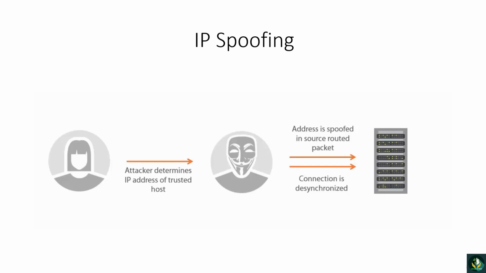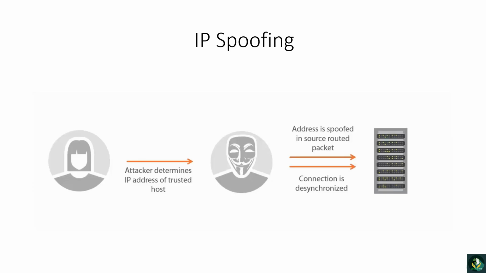Obviously this is dependent on the environment allowing source routing, as opposed to delegating the routing to the actual owner. Because of that, the attacker is able to fool the server into believing that it's communicating with the victim. Effectively they spoof the address and send the packet to the target machine. Once they do that, they can desynchronize the connection with the victim and resume it themselves.